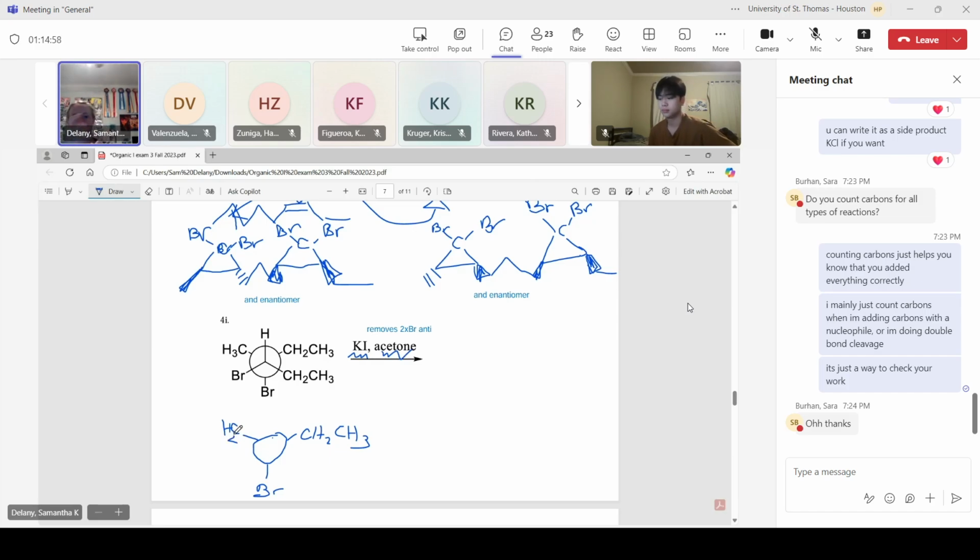I always imagine I'm twisting a knob until that bromine on the top, the front carbon, is 180 degrees away from my bromine on the bottom carbon. So now I just have to move the other substituents accordingly. The hydrogen ends up over here, and then the CH2, CH3 ends up over here.